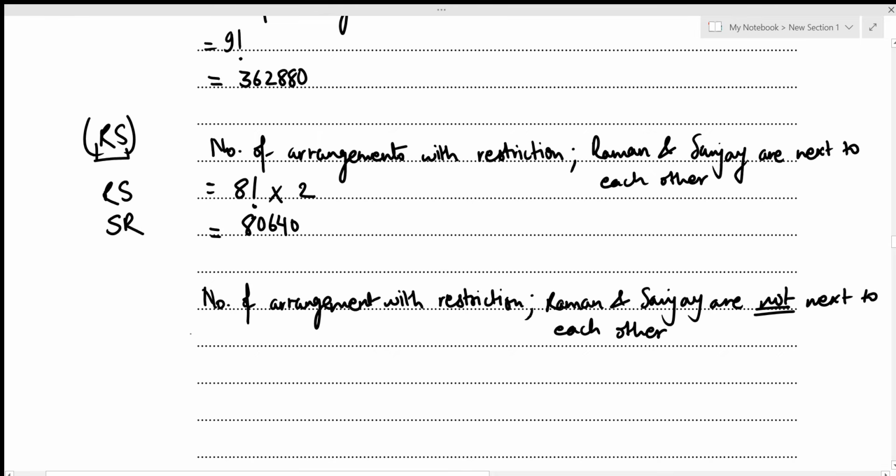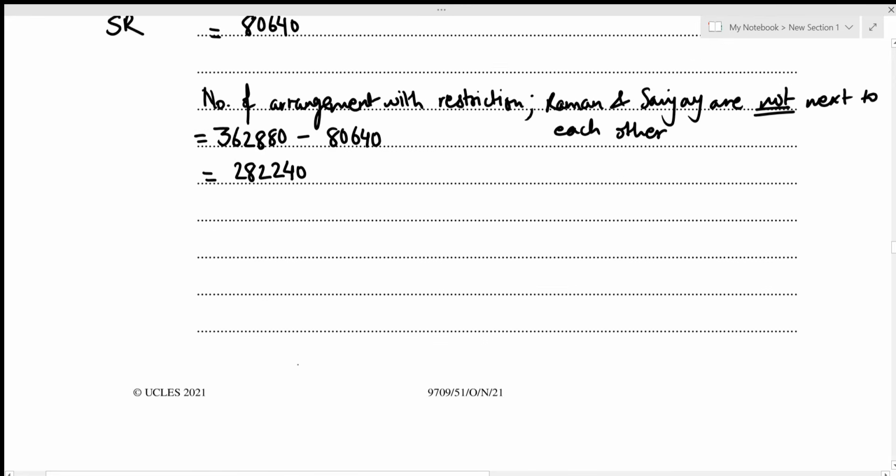Now for this, we can just subtract the number of arrangements with the restriction of Raman and Sanjay being next to each other from the total number of arrangements without any restrictions. So that's going to be 362,880 minus 80,640, which gives the total required number of arrangements at 282,240.